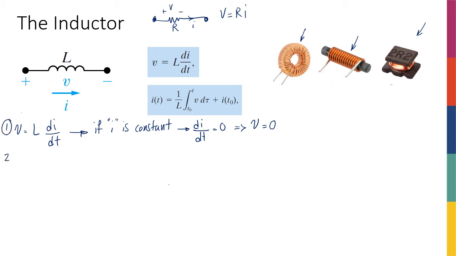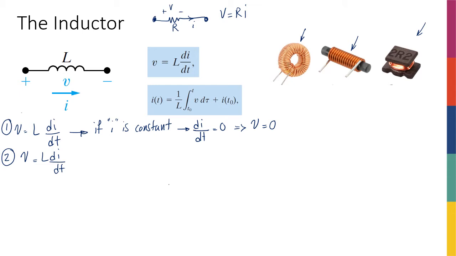The second observation is that, looking at this L di over dt, I can see that if I have an instantaneous change in the current, I mean that the current changes by a finite value in zero time, like the current was 2 milliamp or 2 amperes right now, and then in a moment after now, it's 10 milliamp or 10 amp or any other different value, right?